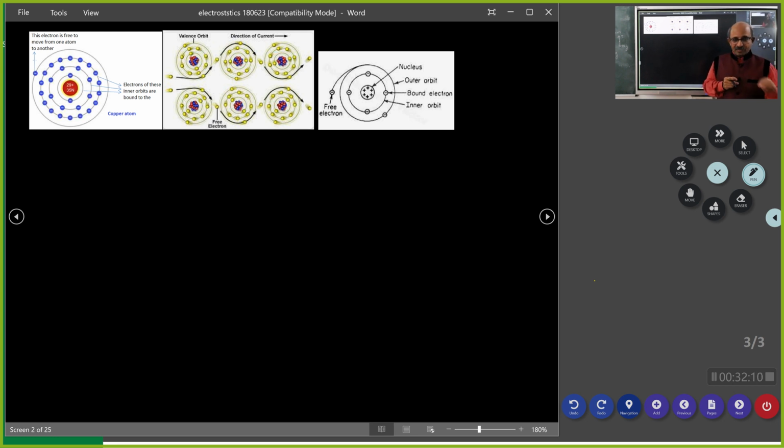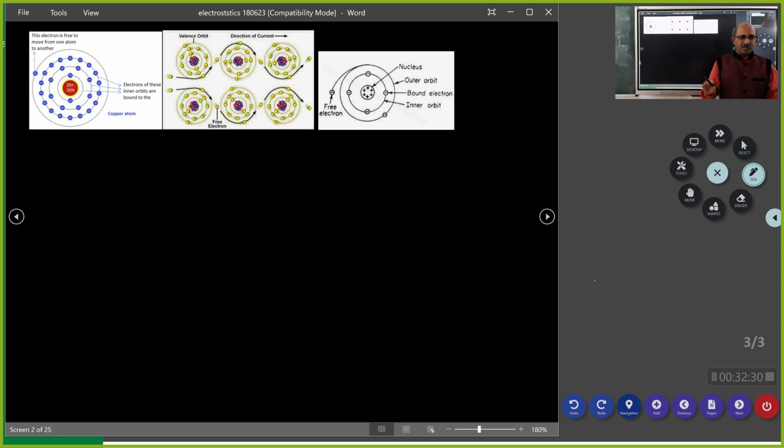In physics, we have some electrons, of course of the outermost shell, not all of them, which we call free electrons. Not all valence electrons are free electrons. So valence electrons and free electrons have no relation.